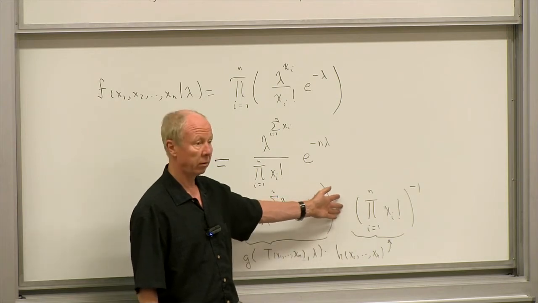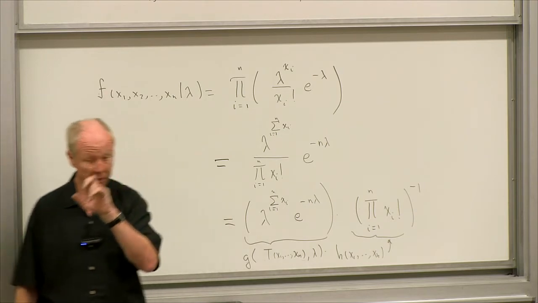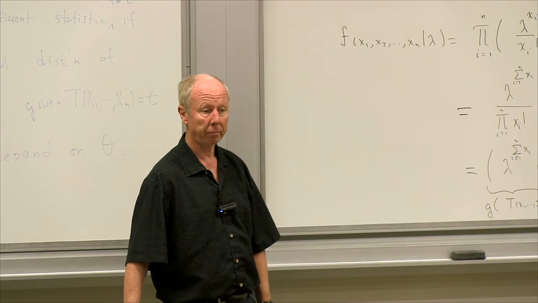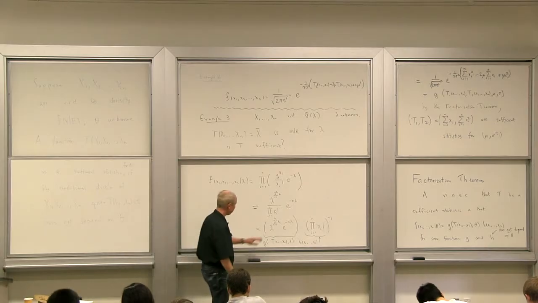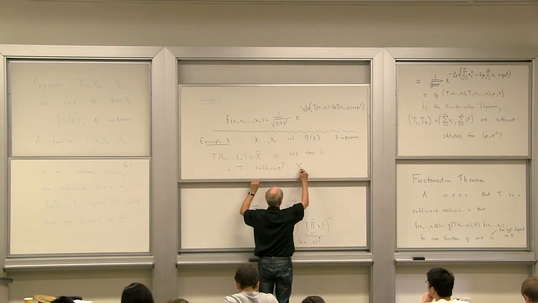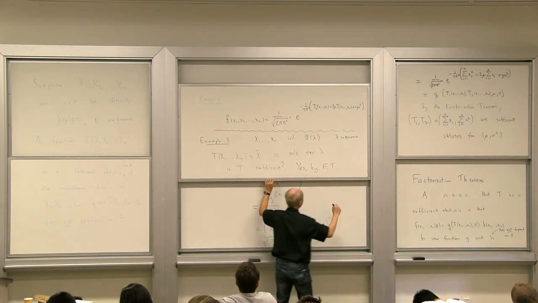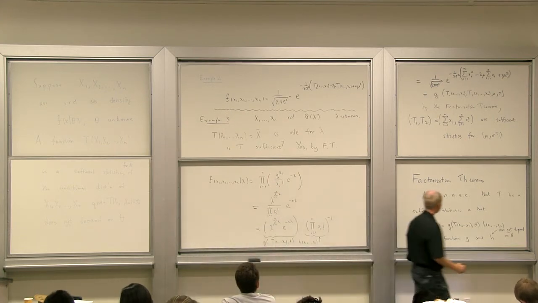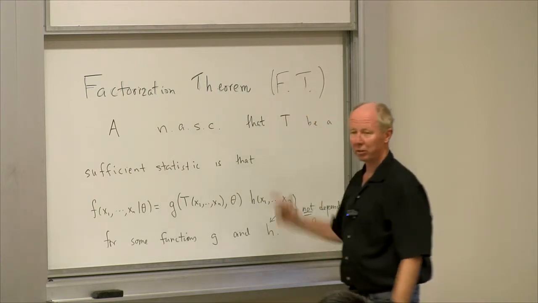There's no lambda there. It's all here. And how are lambda and the data interacting in here? Only through the sum of the data points. So this says t is a sufficient statistic. So the answer here is yes, by FT. And what's FT? Factorization theorem. Okay.